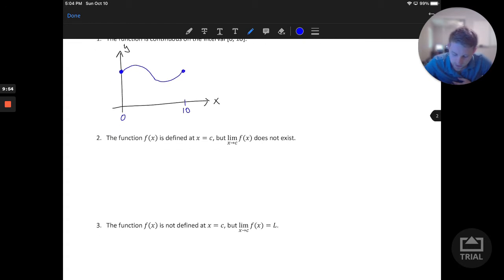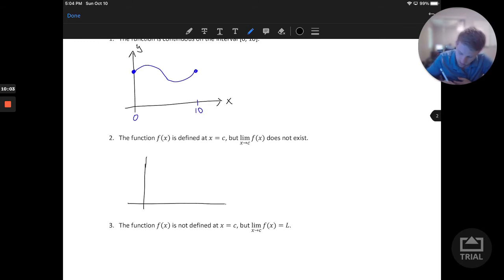Let's take a look at a second example. We'll draw a little graph as well. So the function f of x is defined at x equals c, but the limit as x approaches c of f of x does not exist.